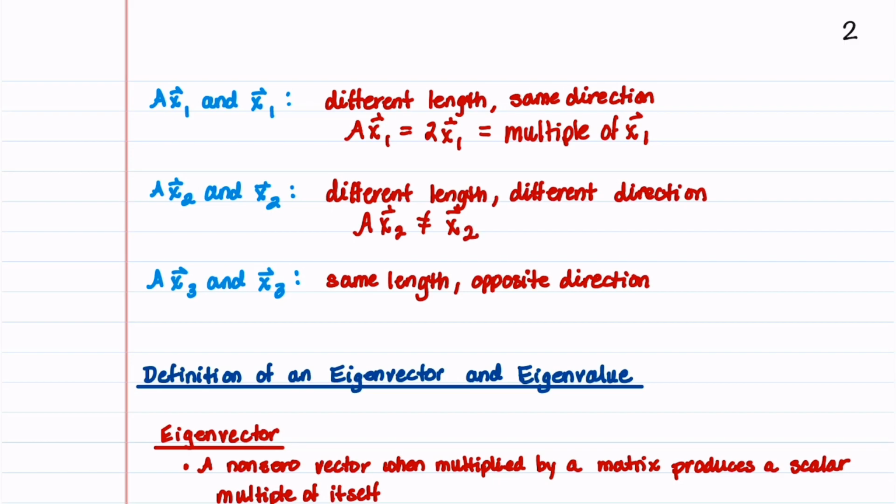Lastly, Ax3 and x3 have the same length but opposite direction. So we say that Ax3 is equal to minus x3, and that also is a multiple of x3. We'll return to this after we define what an eigenvalue and an eigenvector is.